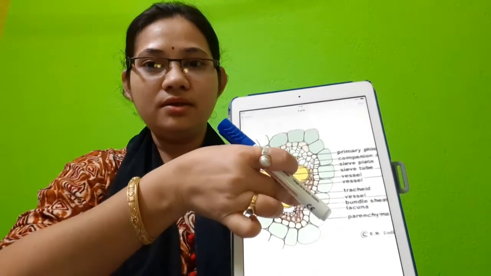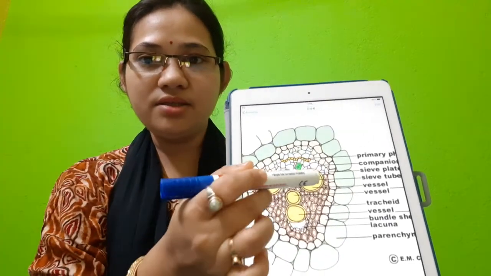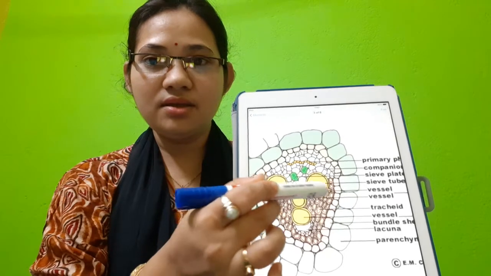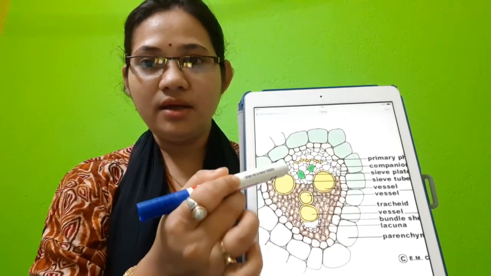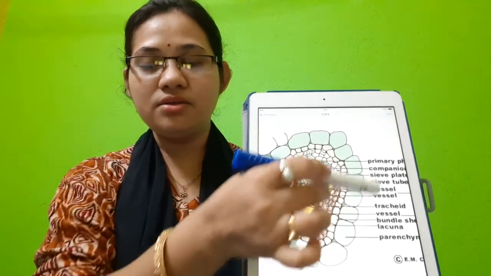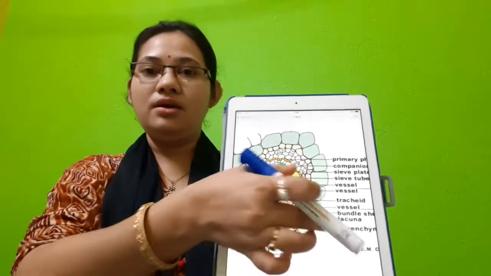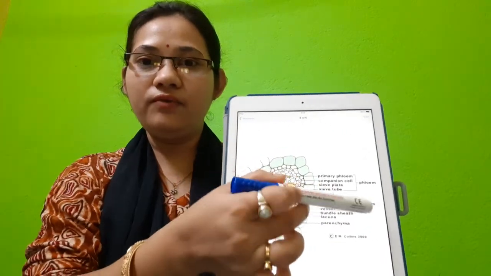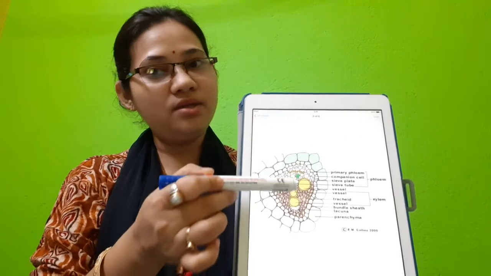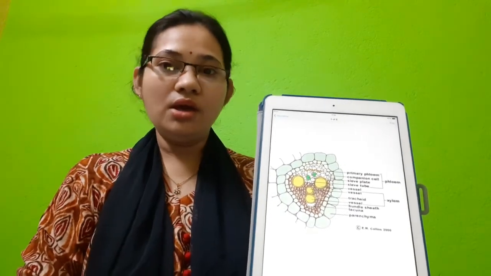Now if I try to show you one single vascular bundle, you can see here, these are the vessels. This is the xylem part and this is the phloem part. So this is one vascular bundle. Xylem and phloem lie adjacent to each other in the vascular bundles.